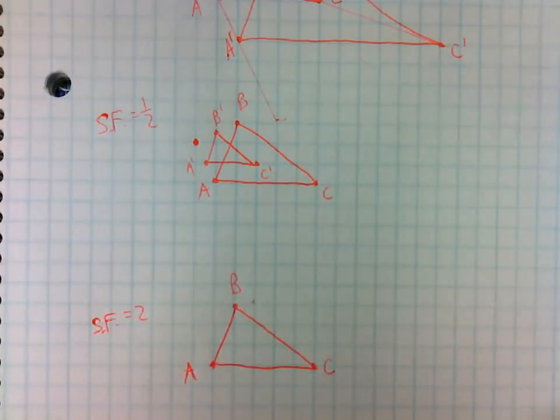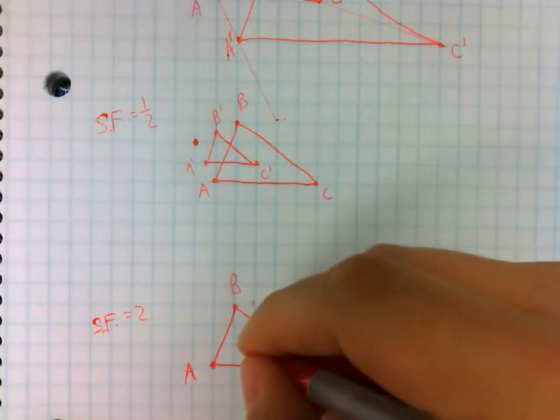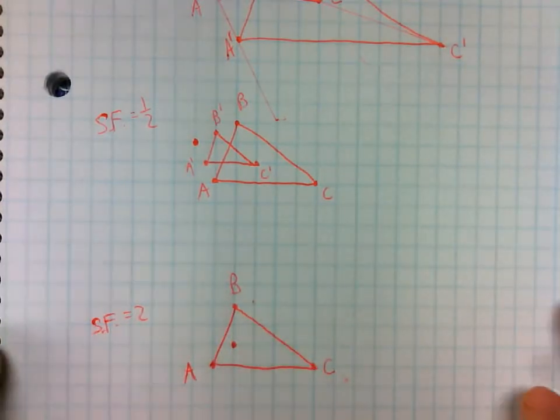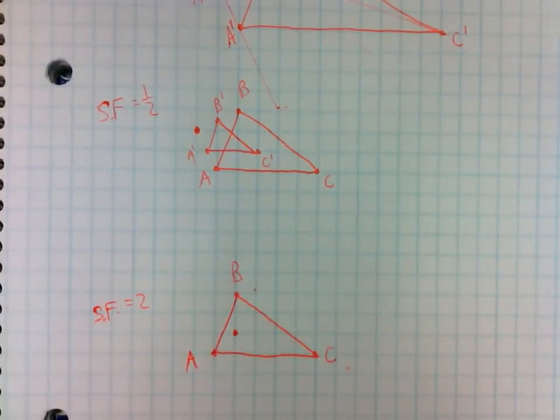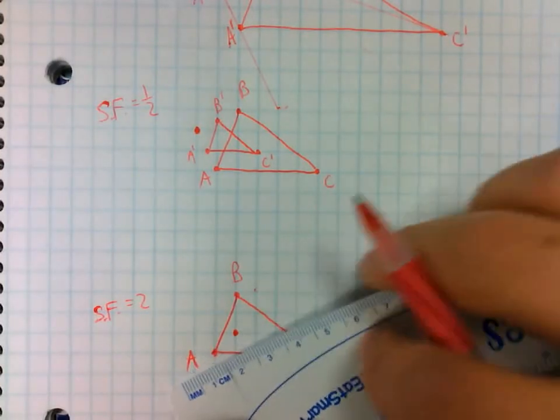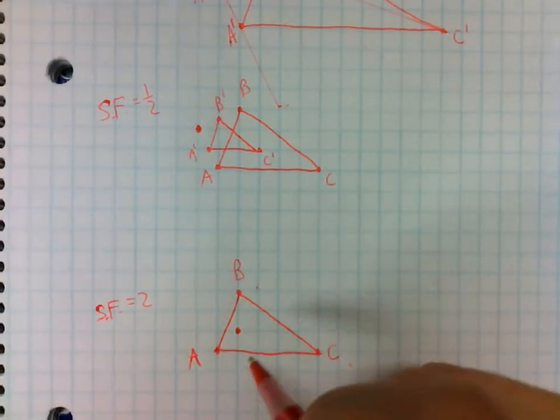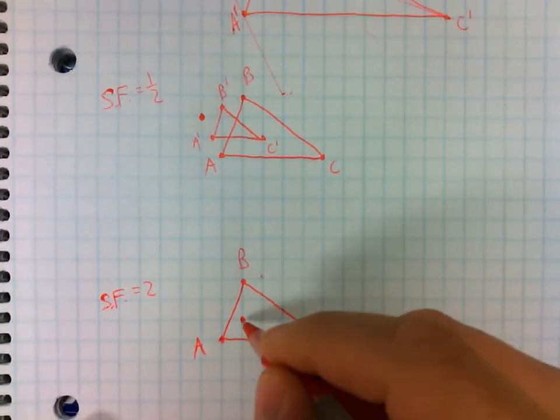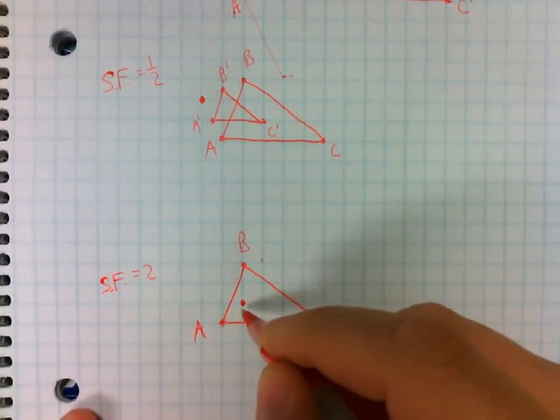But let's change where my center point is. Let's put the center point right here. Let's make that the center of my dilation. Okay, I'm going to use my grid lines here to cheat a little bit, just so that I don't have to measure it and I can do it a little more quickly.